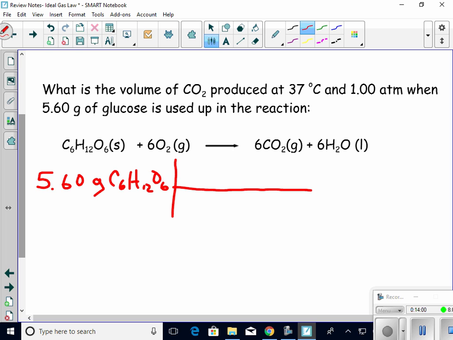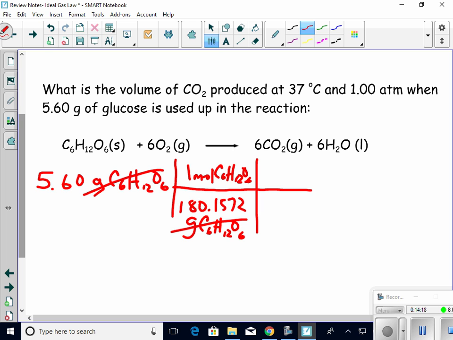Okay, my molar mass is 180.1572 grams of C6H12O6 is 1 mole of C6H12O6.